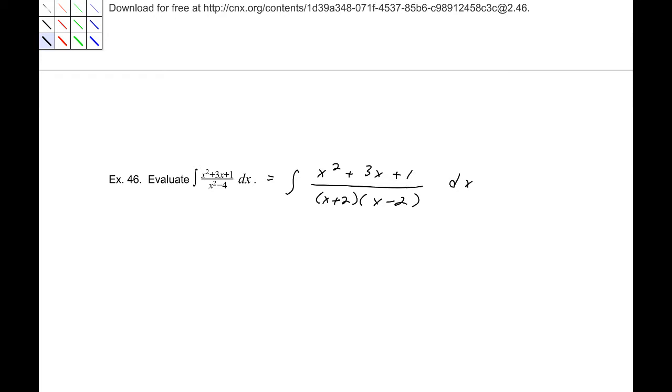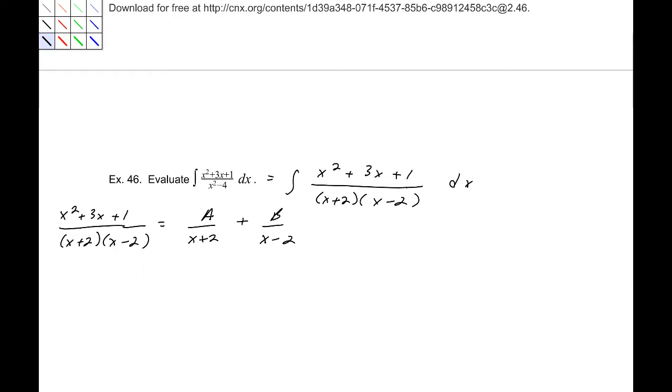Now there are going to be constants, so that this equals a divided by x plus 2 plus b divided by x minus 2.